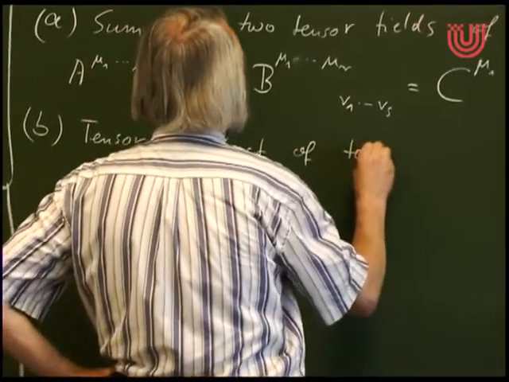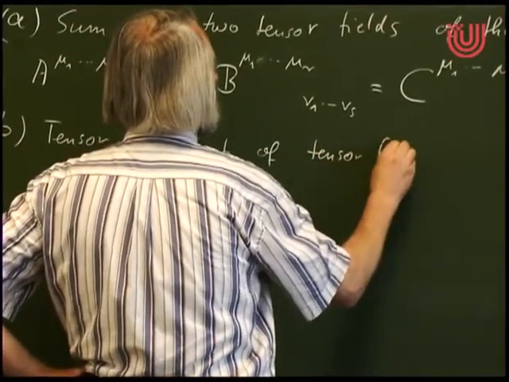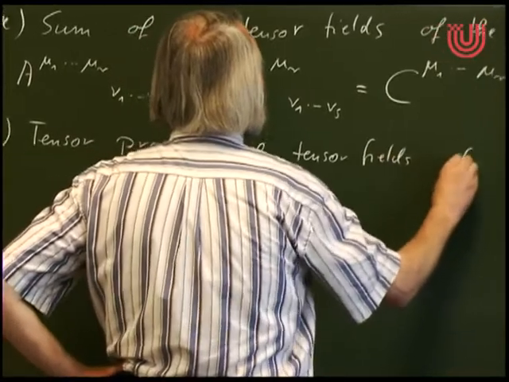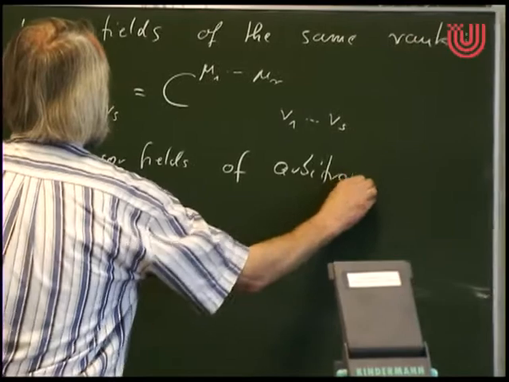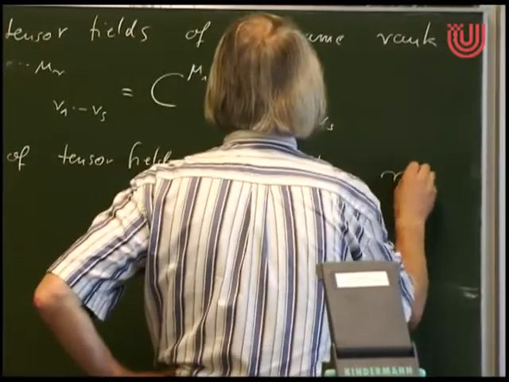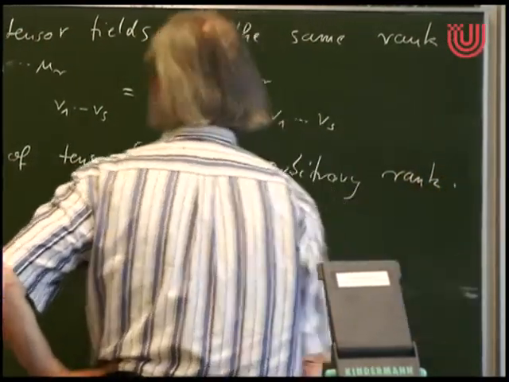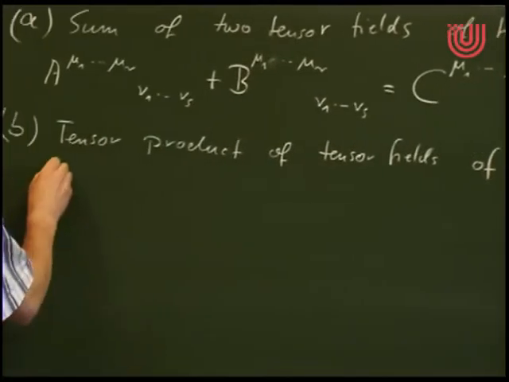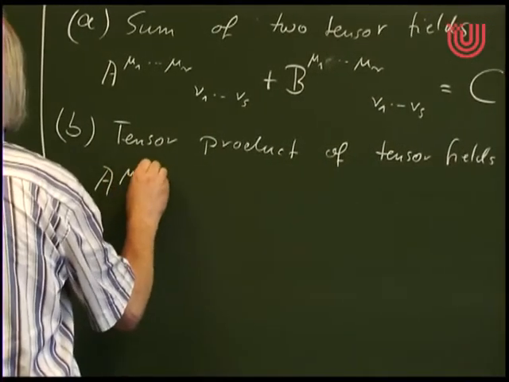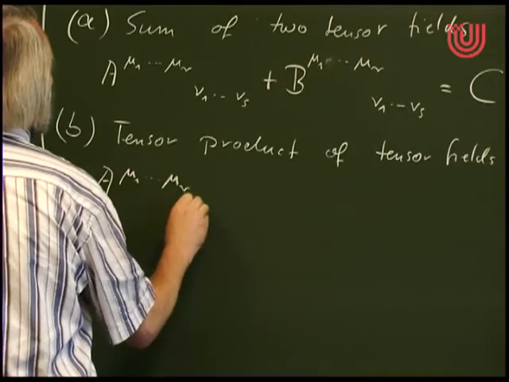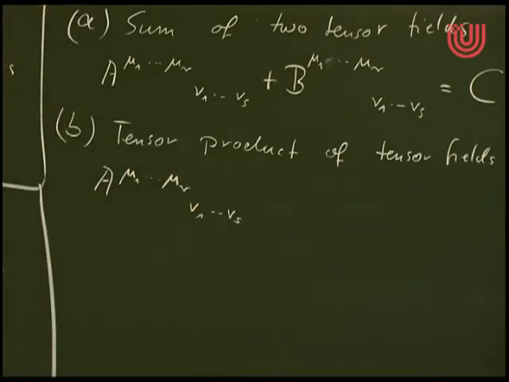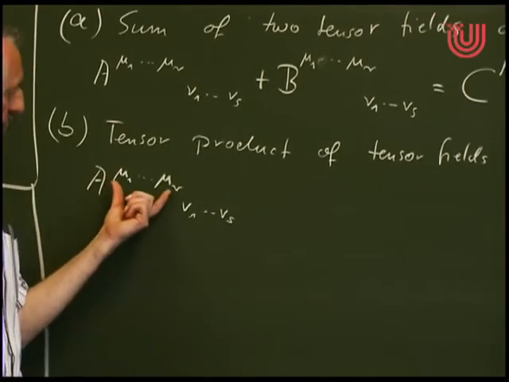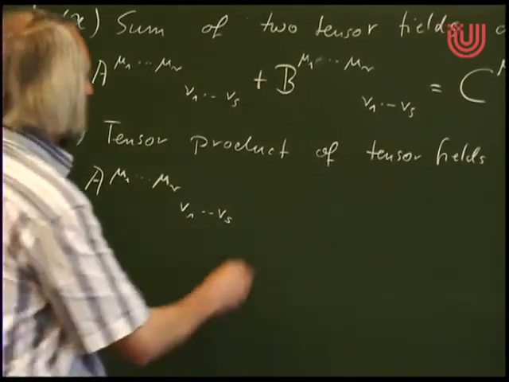Tensor product of tensor fields of arbitrary rank. So they need not be equal. So I have a tensor with upper indices mu 1 to mu r and lower indices nu 1 to nu s. And then I have a second one, which may have a different number of upper and lower indices.